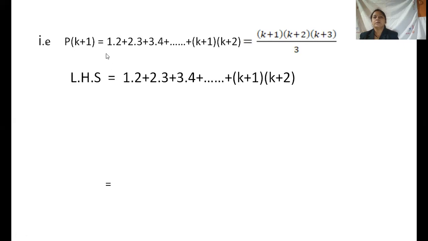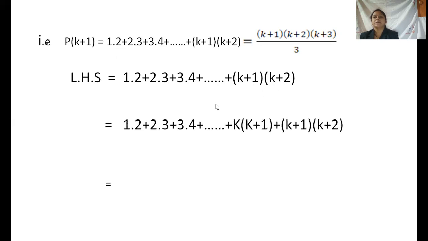Now here, what will be our LHS term? This LHS term is 1 × 2 + 2 × 3 + 3 × 4 + ... up to (k + 1)(k + 2). Now what will be the term before (k + 1)(k + 2)? 1 into 2 plus 2 into 3 plus 3 into 4 plus ... up to k(k + 1) plus (k + 1)(k + 2).